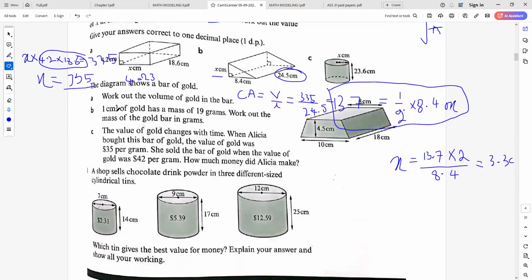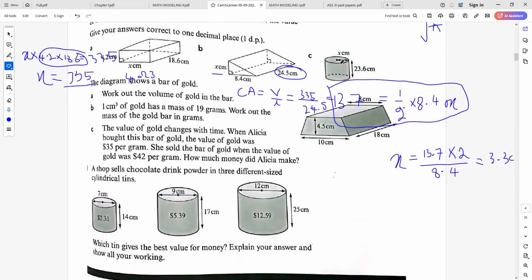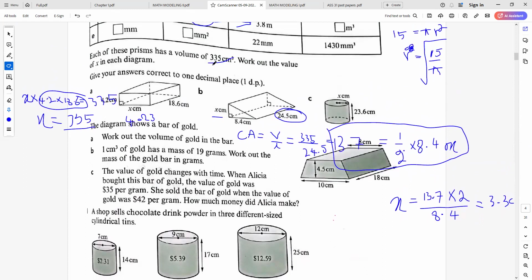Now we will go to the next question. Here also the same idea applies. You divide this 335 by this height so that you obtain the cross-sectional area. So 335 divided by 23.6 gives me 14.19. Correct to the first decimal place, that is 14.2.